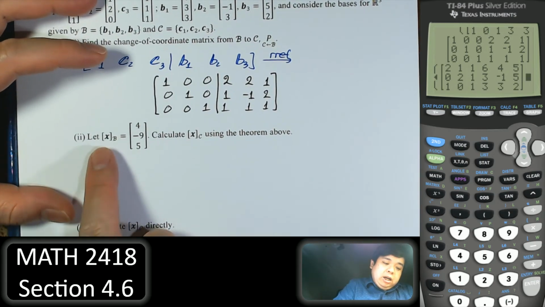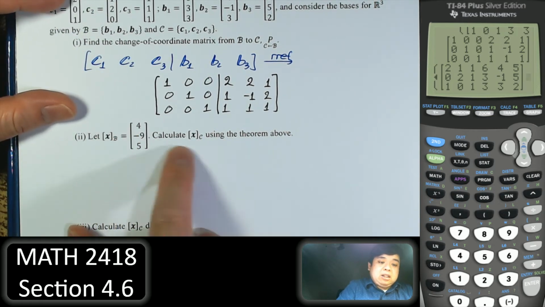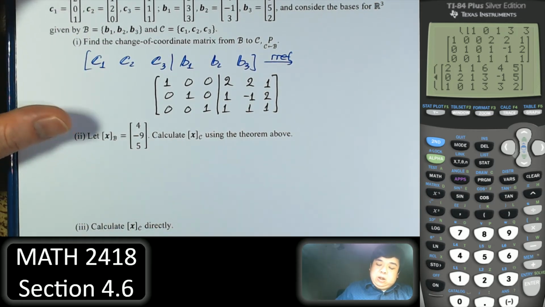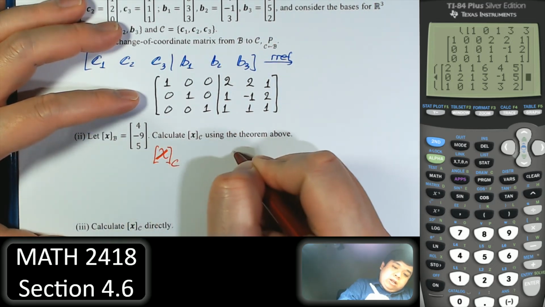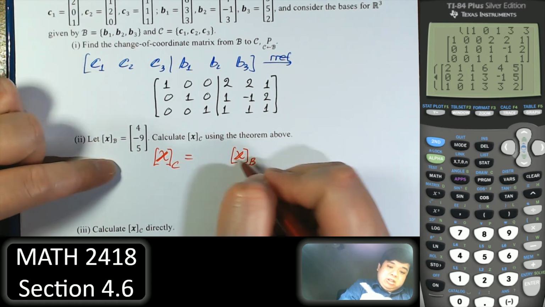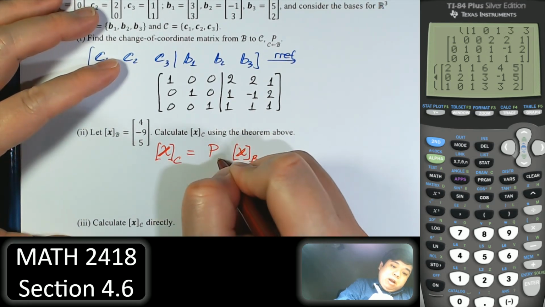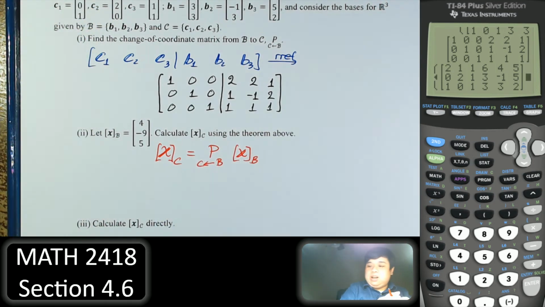Now, let x in B coordinates be given by that. Calculate x in C coordinates. So once again, if we want x in C coordinates, going from B, because that's given, we multiply by the matrix from B to C. B on this side, C on the other side.